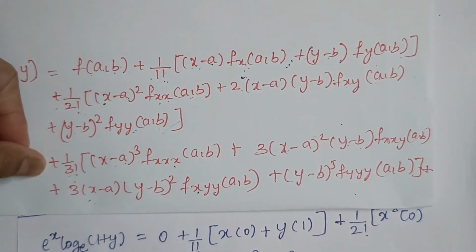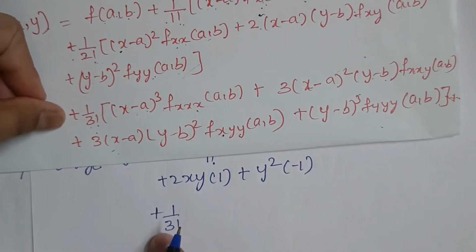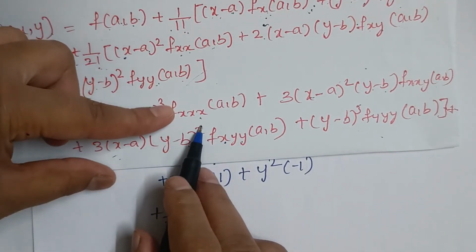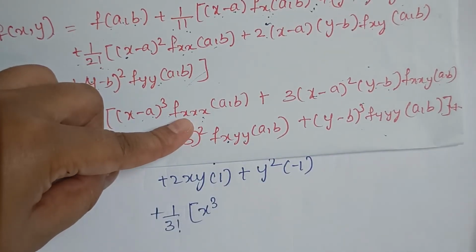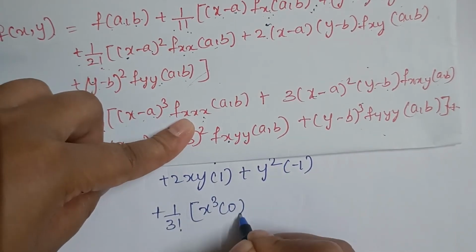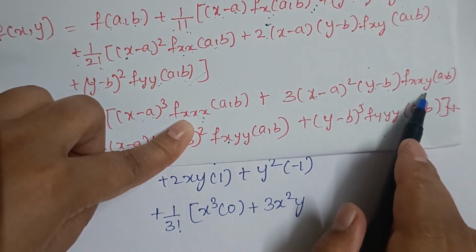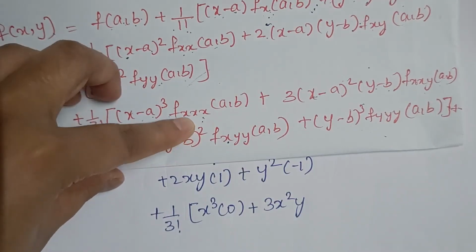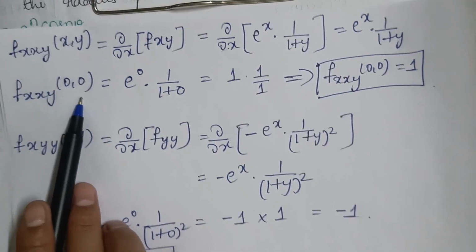Plus 1 by 3 factorial. This is going to be x cube, f suffix triple x, it is nothing but 0 only. Plus 3x square y, f suffix double x y. Yes, f suffix double x y is here.